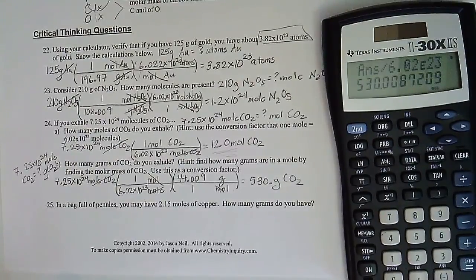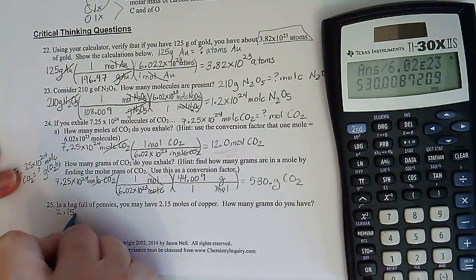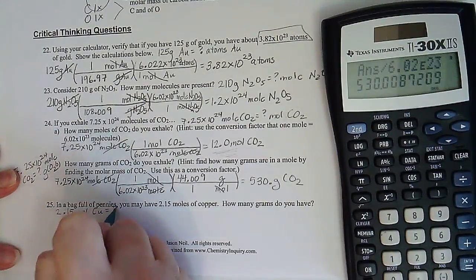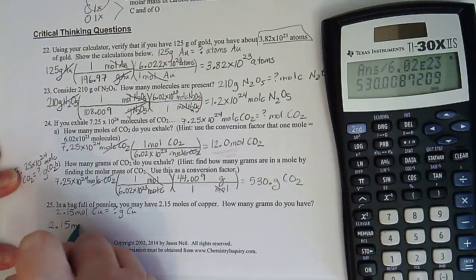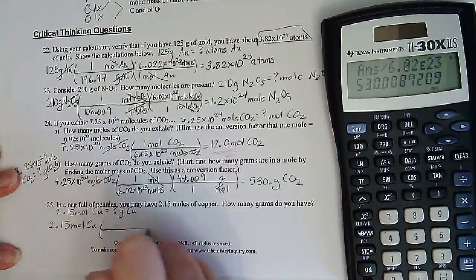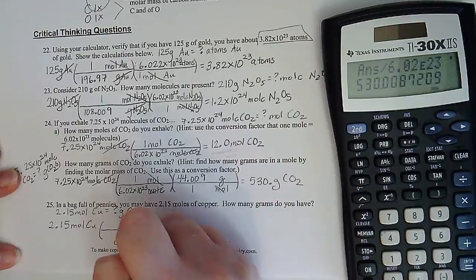In a bag full of pennies, you may have 2.15 moles of copper. How many grams of copper do you have? 2.15 moles of copper. I'm going to use molar mass to convert moles of copper to grams of copper.